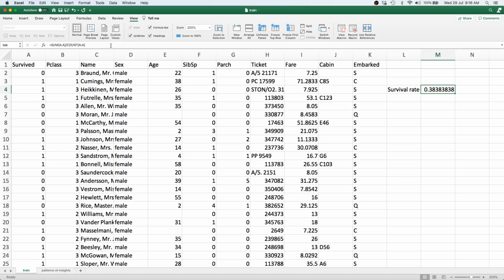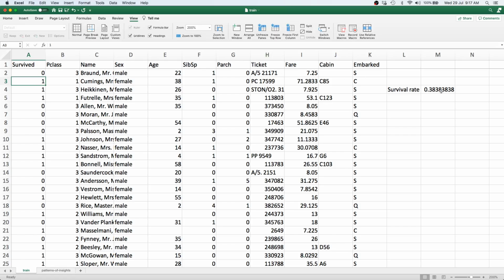Now if we look at the formula here very carefully, you will see that count A to A is the same as the length of that column, and when you have the sum of a column divided by the length of a column, that's nothing but the average. In general, whenever you have a binary variable like this one or a Boolean variable like this one, the average is often a proxy for the probability of the positive class.